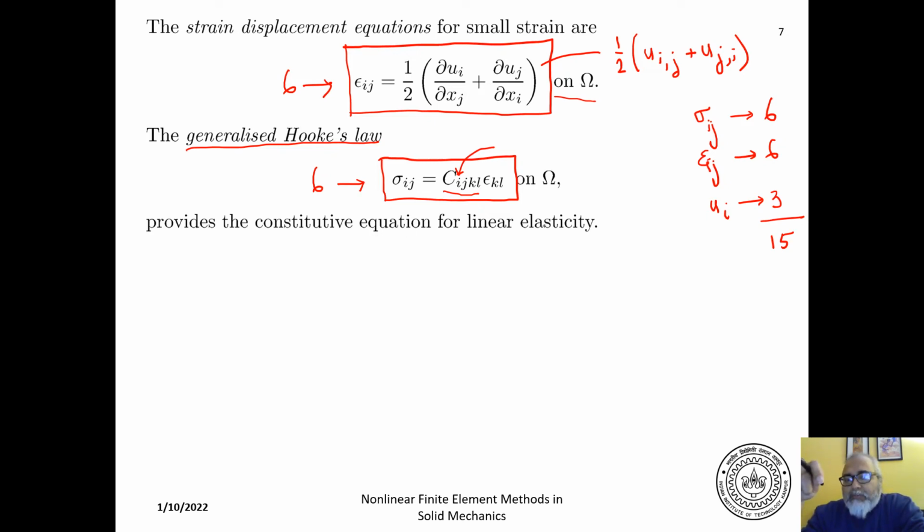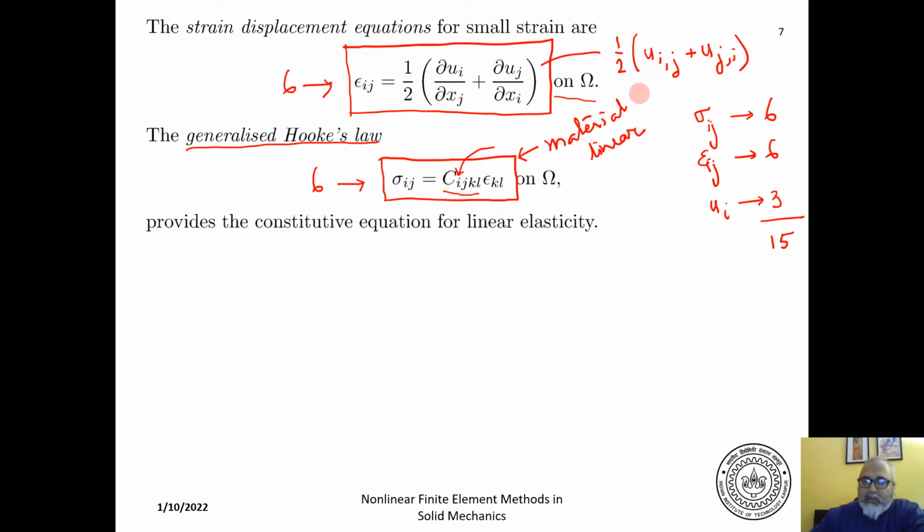But we will be considering situations where the constants governing the stress strain relation, constants in the constitutive equation, are functions of displacements or strains, and therefore the stress strain law itself is nonlinear. So what we have here is material linearity. This is material linearity. So we have a linear material because the CIJKLs are constants.